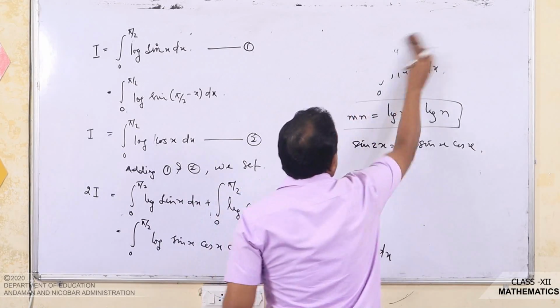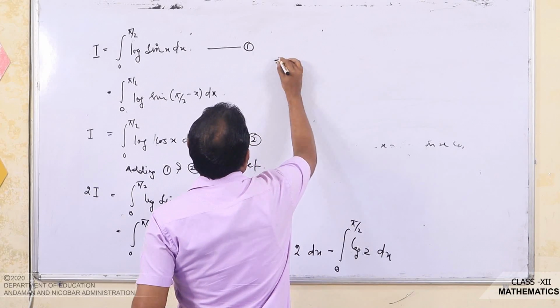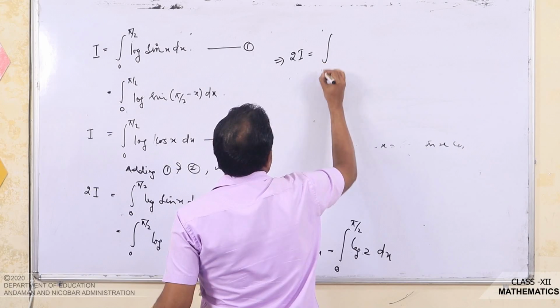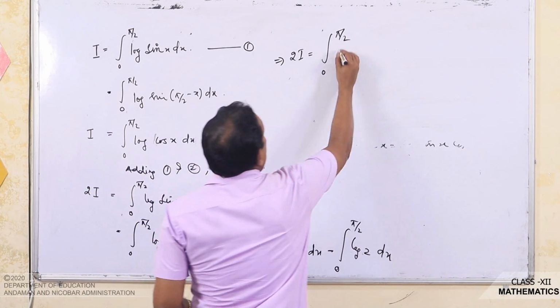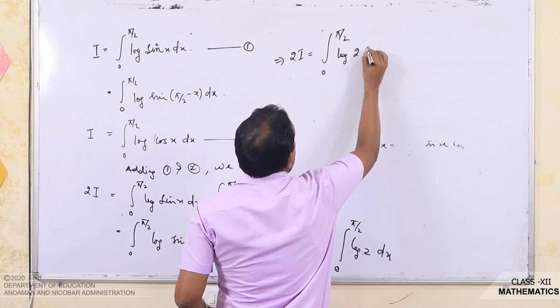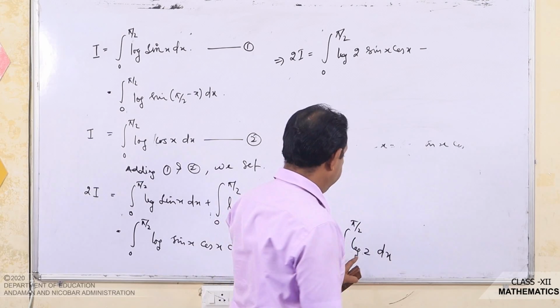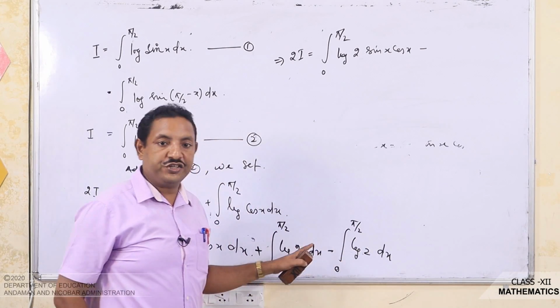So that means we have 2I equals integration of 0 to pi by 2 of log of 2 sin x cos x minus log 2. This log 2 is constant, so I can take it out of the integration sign.